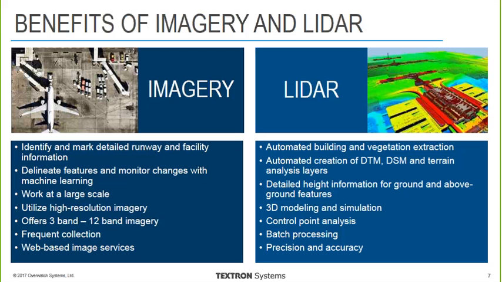So while we're on benefits, quickly, what do we get out of this data? Why is this good for Airport GIS and that? Well, first of all, with imagery, we've come a long way here. We have super high resolution imagery, like the samples that we'll show today, where we can see the deterioration of the tarmac, for example.